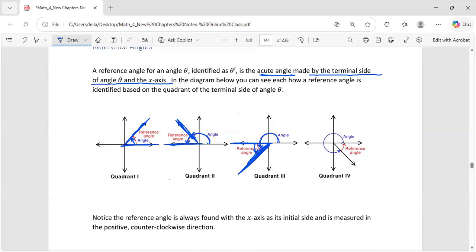If we have an angle in the fourth quadrant, the reference angle is between the terminal side and the x-axis, which is this angle. And since a reference angle is always positive, it's always in a counterclockwise direction.